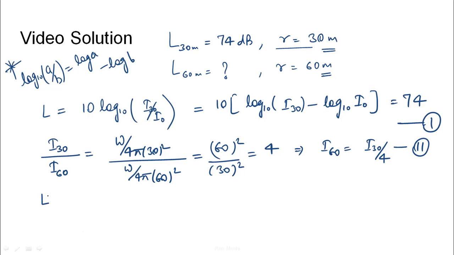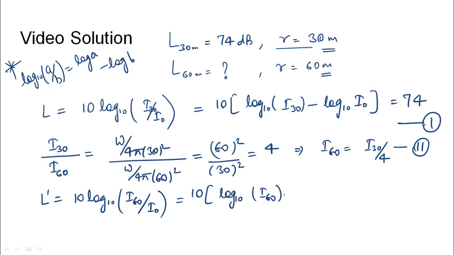So let us call that loudness level as L dash. That would be 10 log 10 I60 divided by I naught. Expanding this, we would get 10 log 10 I of 60 minus log 10 I naught. Using the relation here, we can express I60 in terms of I30. So that would give 10 log 10 I60 would become I30 by 4.